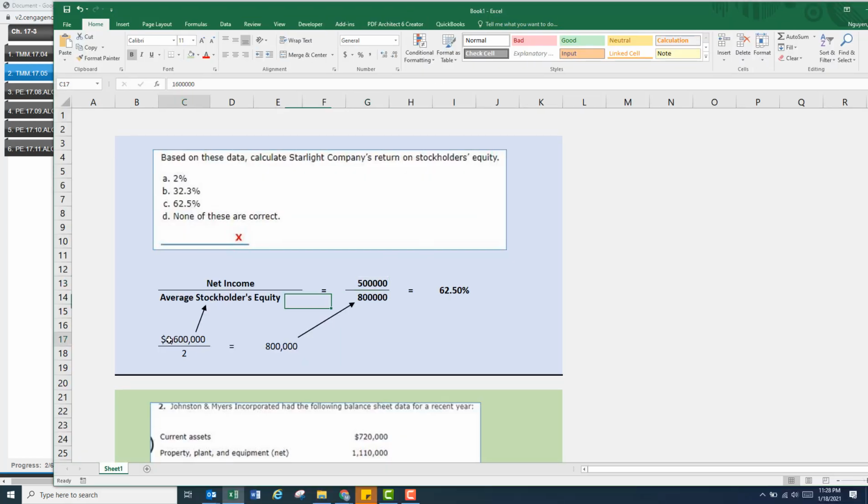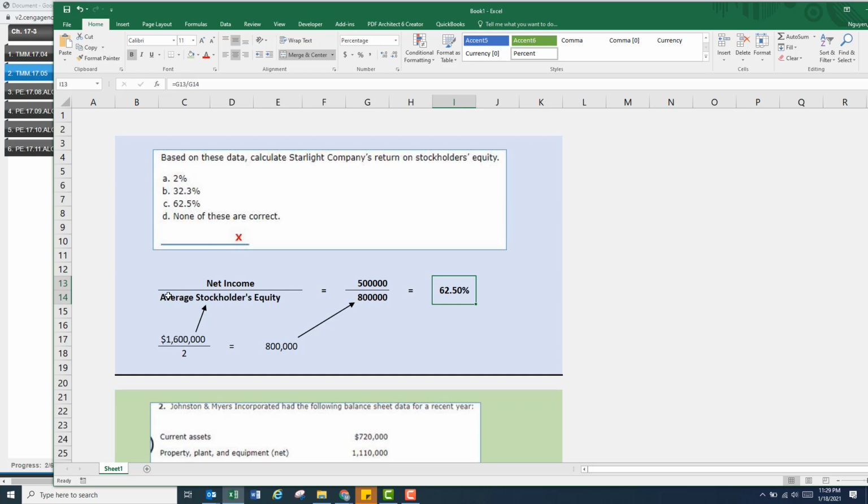As you see here, 1.6 million divided by 2 equals 800,000, and that's the average stockholders' equity. And just plug into the formula, 500,000 divided by 800,000 gets you 62.5%. And that's the answer to the question, it's C, 62.5%.